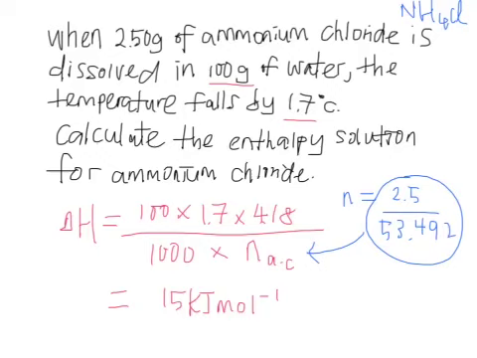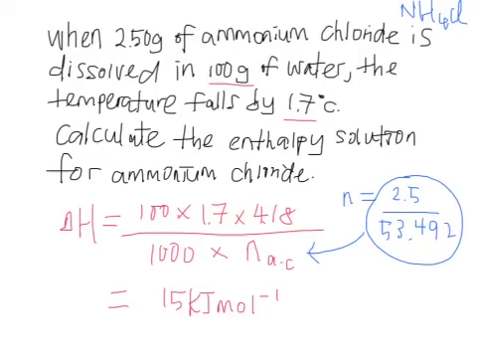Now, one thing you might want to pay attention to is the sign in front of your value. It could be positive or negative. You have learned before that if it is an endothermic reaction, it is going to be a positive sign, but if it is exothermic, it is going to be a negative sign.